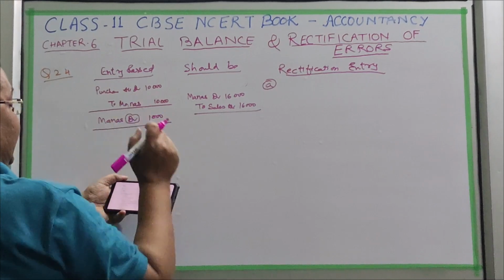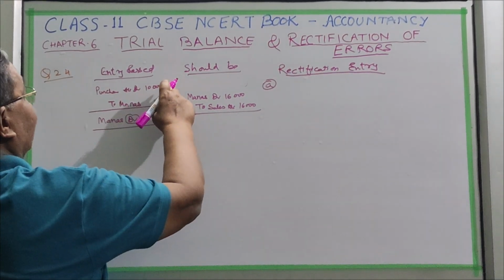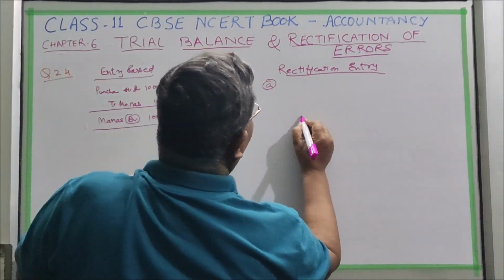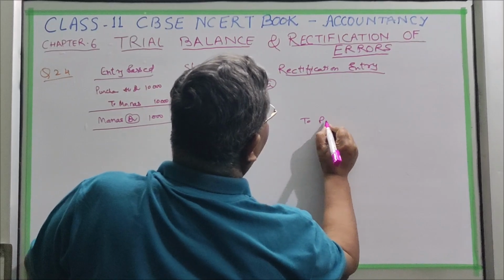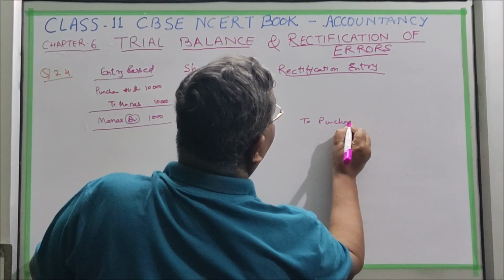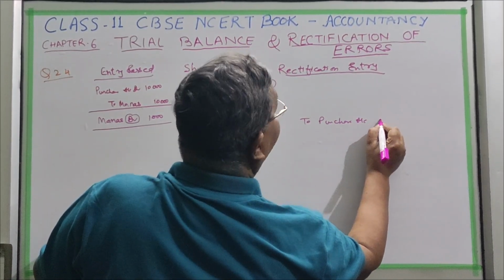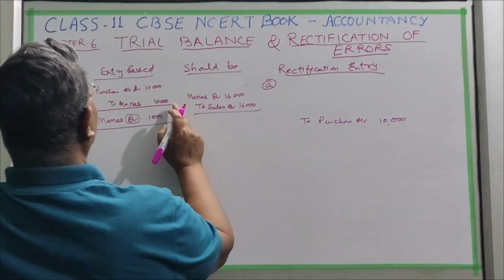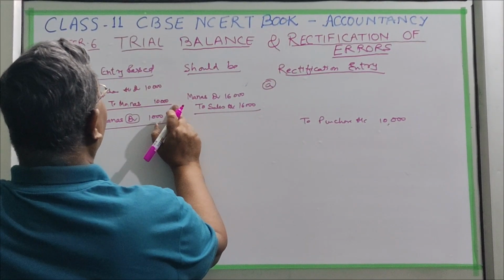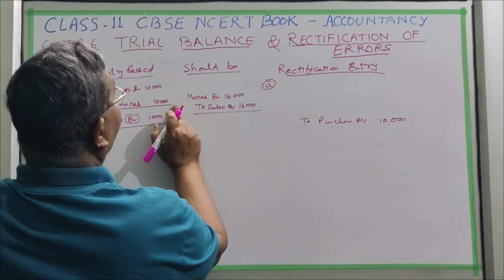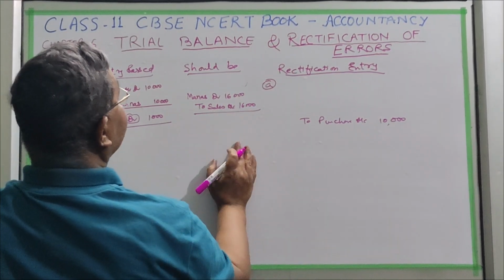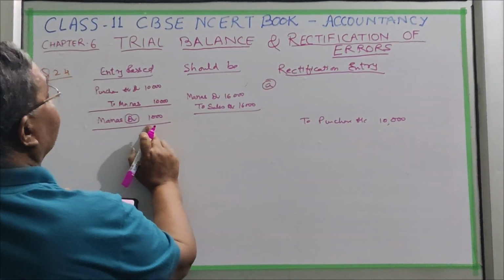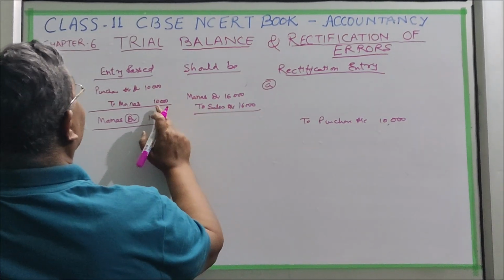So here purchase account was wrongly debited, so you credit to purchase account for 10,000. Then minus you have credited 10,000, whereas minus should be debited by 16,000. 1,000 you have debited, so 15,000, and minus.